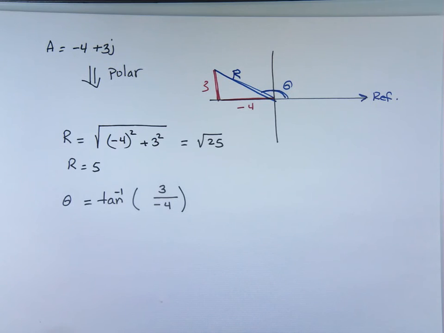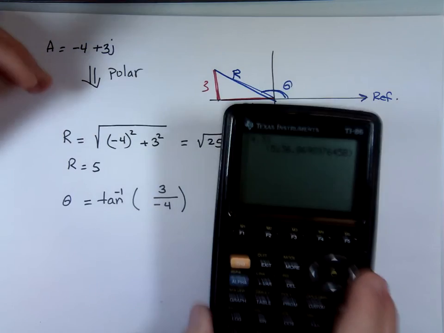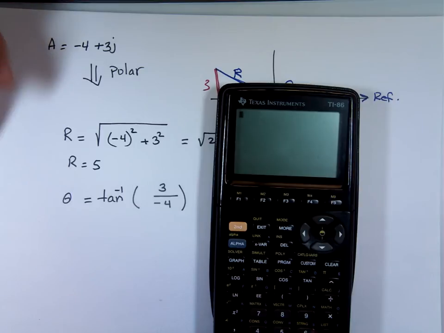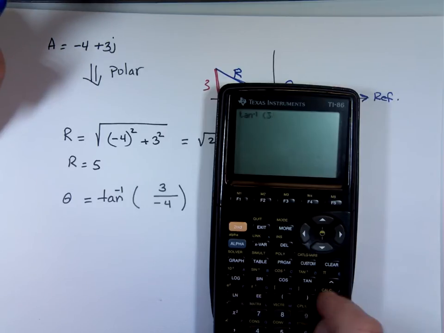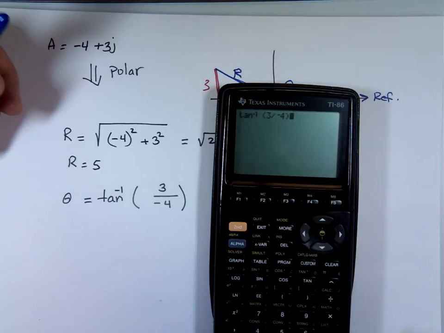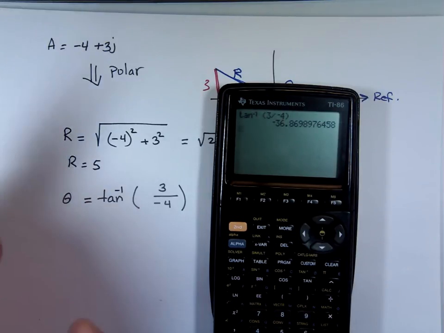So let's try that. Inverse tangent, parentheses, 3 divided by -4. It's going to give me an answer in this quadrant, quadrant 4, negative something. Notice it says negative 36.9 degrees. We know that's not right.